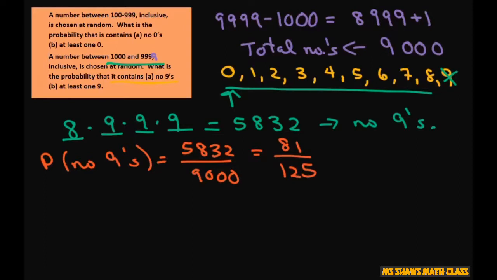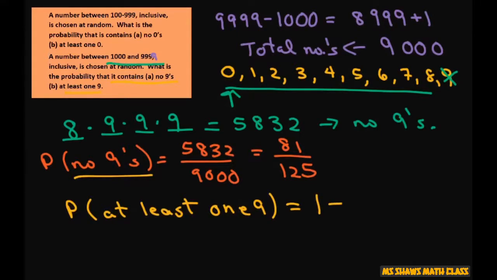And again, at least 1 nine. That means we can't have the no 9s. So it means everything but the no 9s. So the probability of at least 1 nine is 1 minus the probability of no 9s.